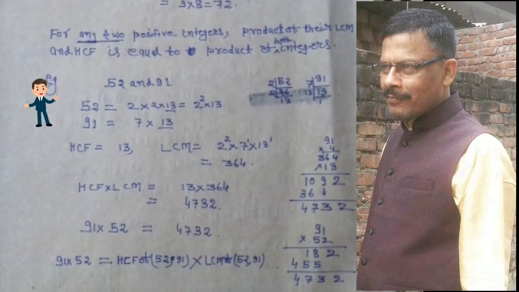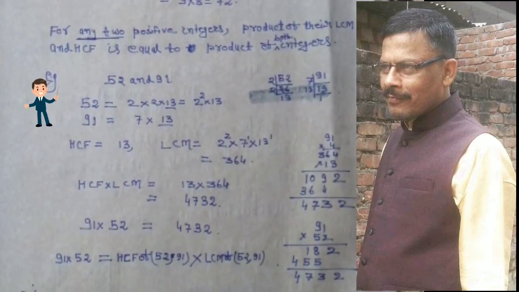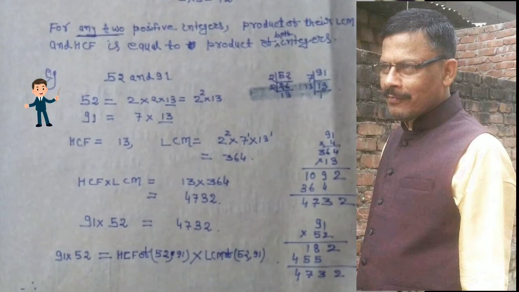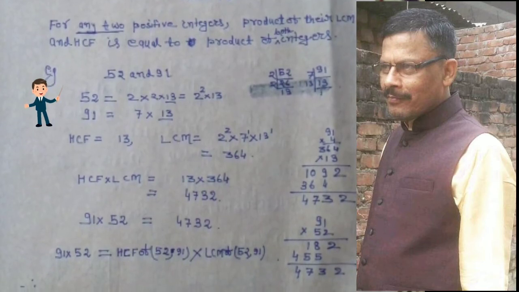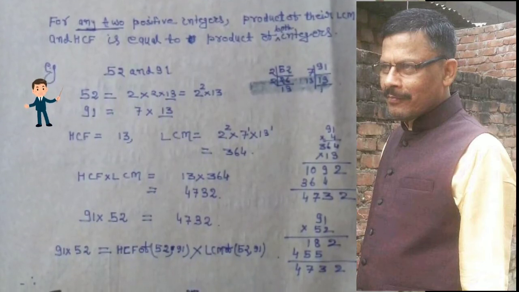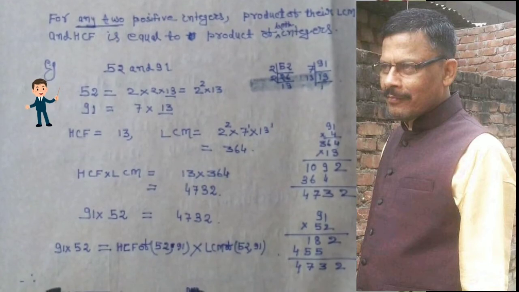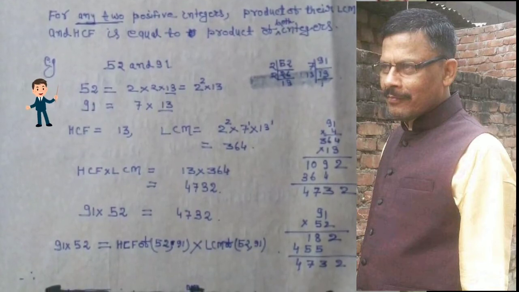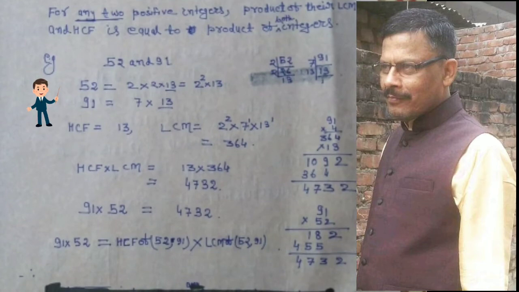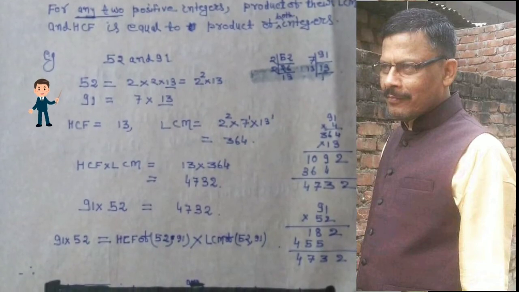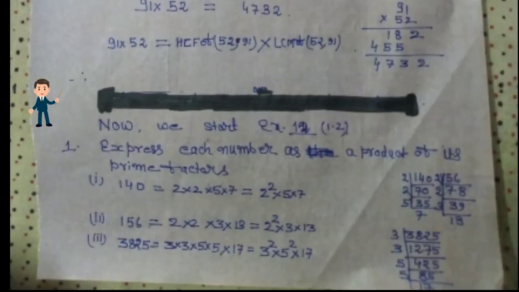Now, HCF into LCM is equal to 13 into 364, which is 4732. 91 into 52 is equal to 4732. Therefore, 91 into 52 is equal to HCF of 52 and 91 into LCM of 52 and 91.